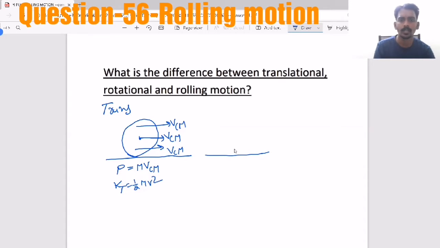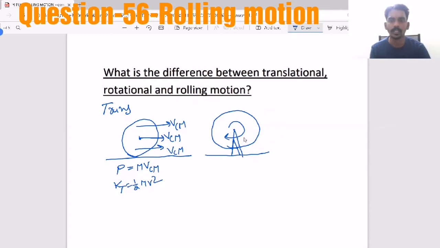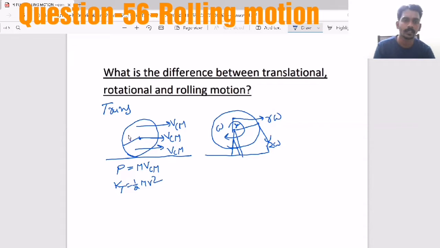And if you consider rotational motion about a fixed axis, the same body is fixed about one rigid support, hinged about it, so that it can rotate with some angular velocity omega. Then when you consider a point at a distance r, the angular velocity is the same, but the linear velocity is r omega. But when you consider the point on the periphery, the linear velocity will become capital R omega, where capital R is the radius of the body.